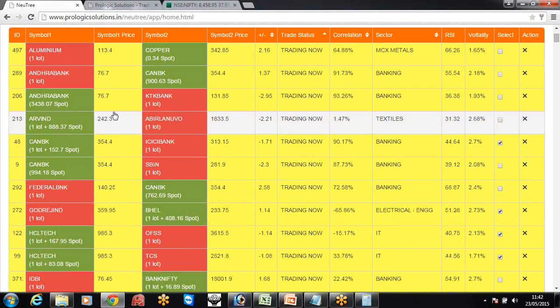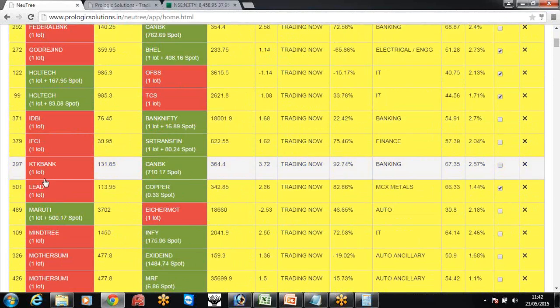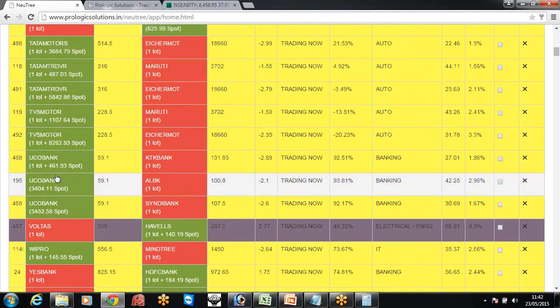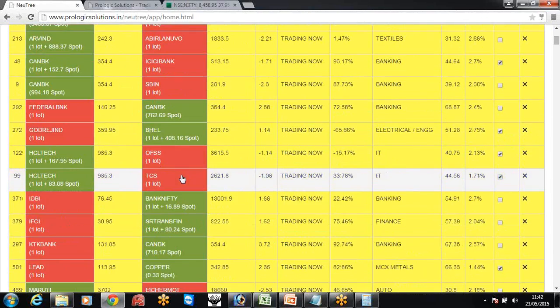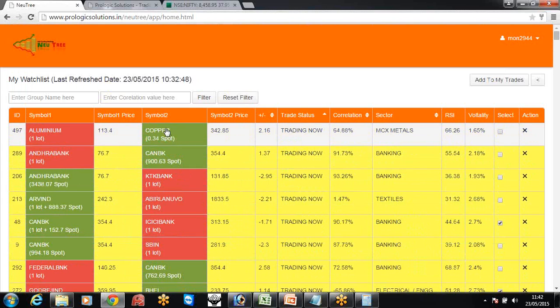You can see Andhra Bank is buy against most of the scripts. There we had one buy. Canara Bank is a buy. You can see it here. Can Bank buy here, Can Bank buy here, against SBI, against ICICI, against Andhra Bank.